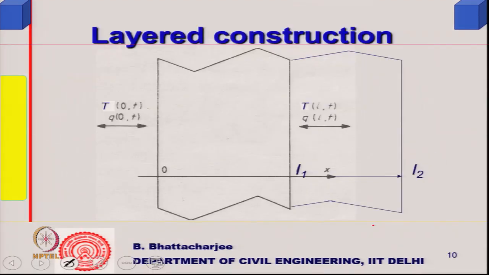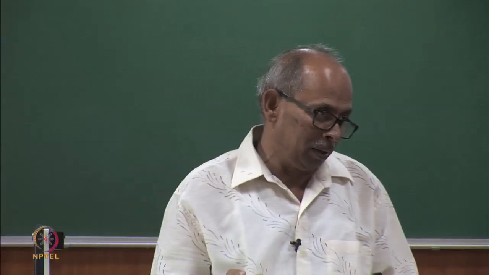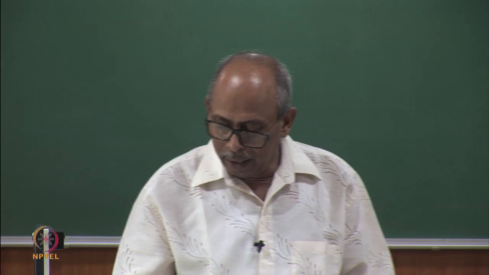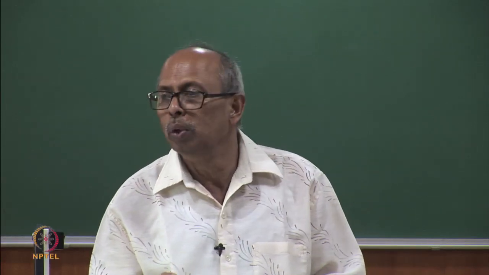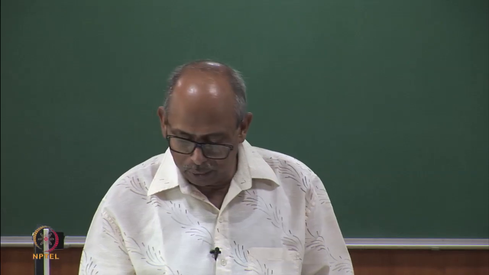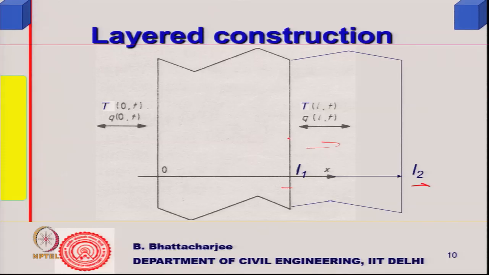Okay. So, now let us look at a construction. I have T and Q, and T and Q going out here at distance L1 and this is L2, a layered section. I did it for a homogeneous isotropic single layer material, I said L. Now, I can extend this idea to a layered section like we did for U value calculation. Here we can do the same thing for a layered section.